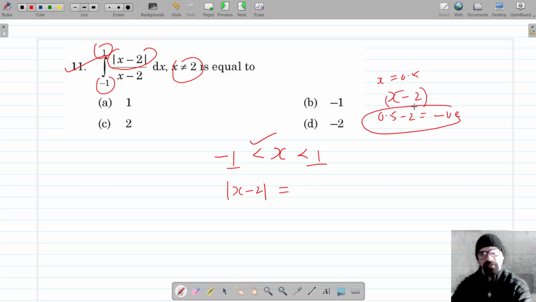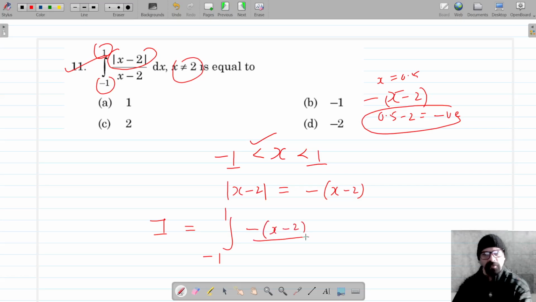So that means this is negative. Between the interval negative 1 to 1, the modulus of x minus 2 is negative of x minus 2.